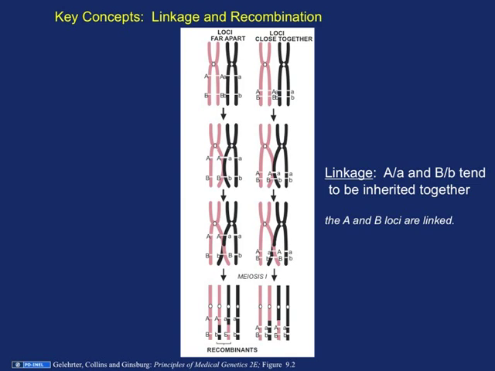Now, imagine that you have two different genes that are fairly near each other on the chromosome. Depending on where that recombination occurs, let's take this example where they're fairly far apart. This chromosome has big A and big B. This chromosome has little a and little b.